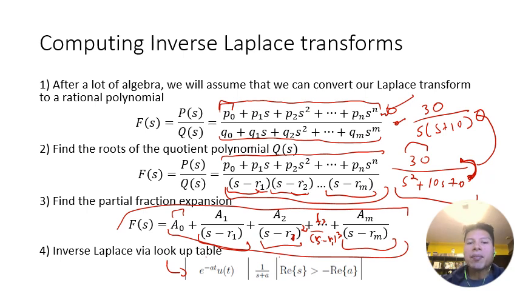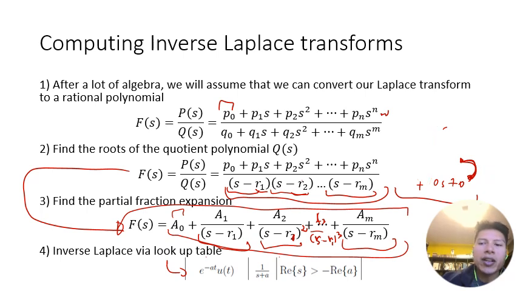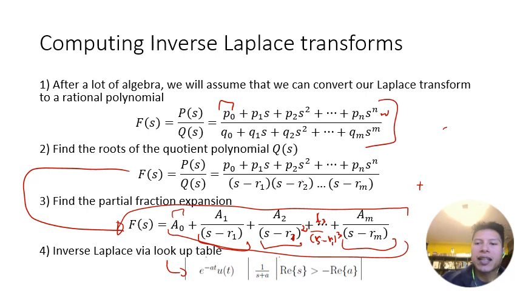So what we will spend most of this lecture on is how to go from here to here. Just remember, at this point, we're going to assume that after doing all of our algebra, what we want to inverse Laplace is something that looks like this.